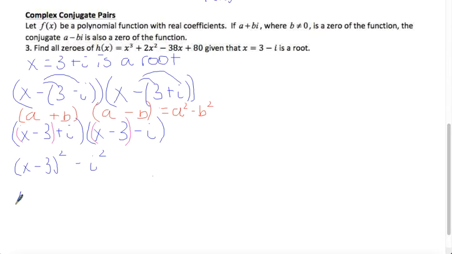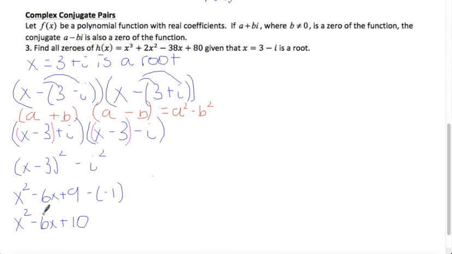And we know x minus 3 squared is x squared minus 6x plus 9. i squared is negative 1, so it's minus negative 1, which then leaves us with x squared minus 6x plus 10. So now this is a quadratic function that has these two roots. If you use the quadratic formula on this function, you'll get these two as your answer.